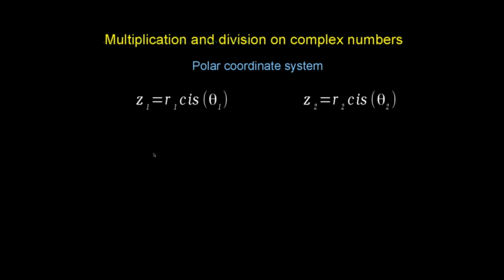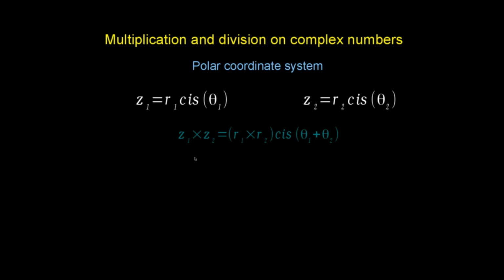So the multiplication will be given by z1 times z2 equal to r1 times r2, which means we will have the multiplication of the moduli of both complexes, and cis of theta 1 plus theta 2, which means the sum of the two arguments of our complex.